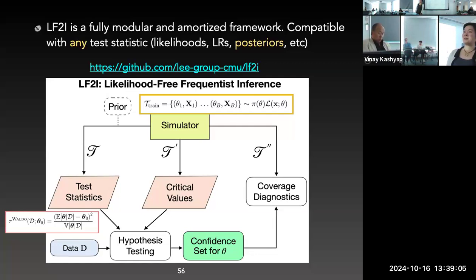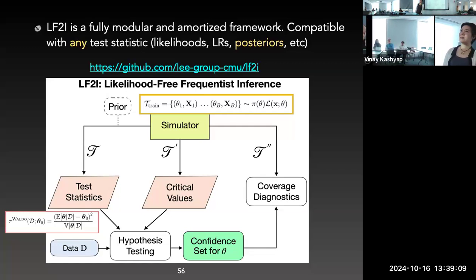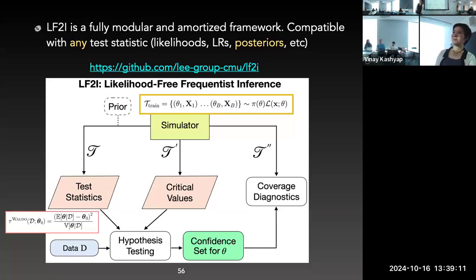I think I could follow the construction via the Neyman inversion, but here's a question.